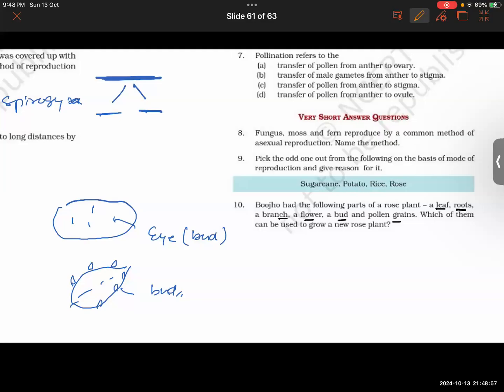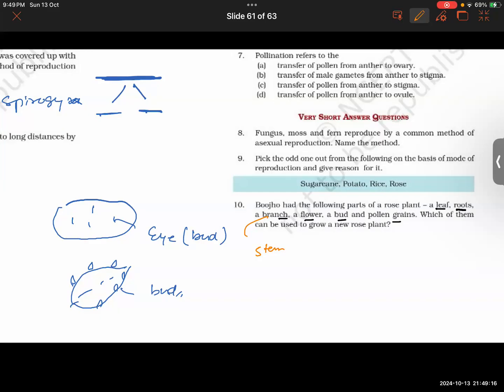Yes, to grow a new rose plant, will you be using its leaf, root, its branch? Branch basically you can refer to as the stem, a flower, or a bud, or the pollen grain. So you can use the stem. You can do the cutting method.